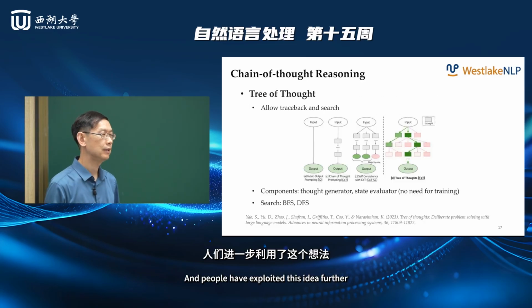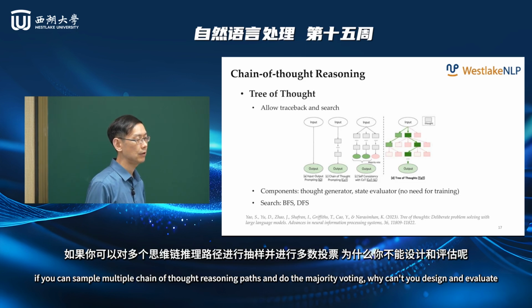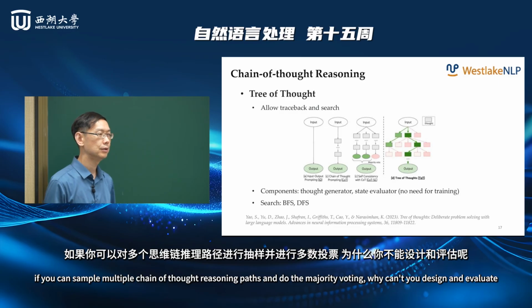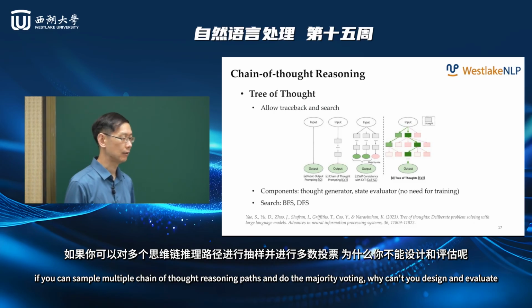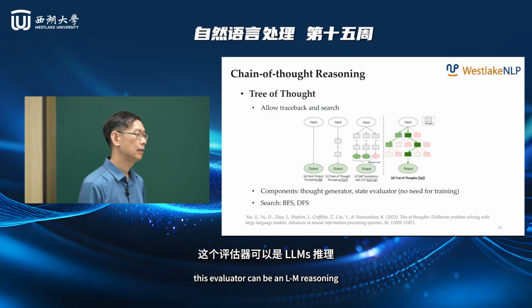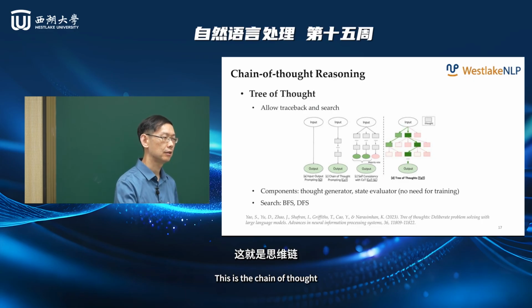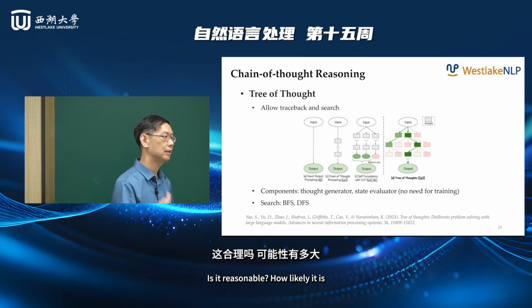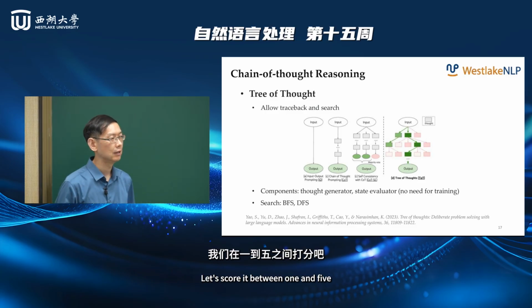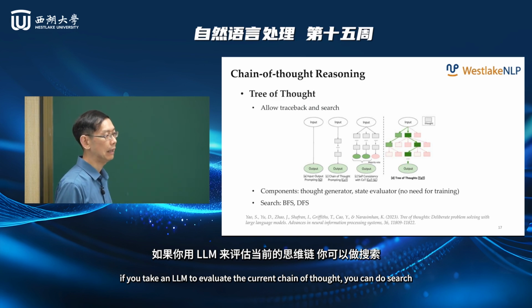And people have exploited this idea further. If you can sample multiple chain of thought reasoning paths and do majority voting, why can't you design an evaluator? This evaluator can be an LLM reasoning prompt. Say, this is the question, this is the chain of thought. Is it reasonable? How likely is it? Let's score it between 1 and 5. If you take an LLM to evaluate the current chain of thought, you can do search.